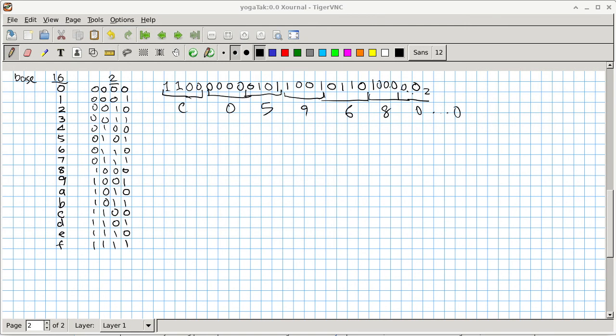All right, well, you cannot just say a bunch of zeros when you're specifying a constant in C or C++, right? We kind of have to figure out exactly how many zeros there are. So let's double check. Okay, so we have C0, 5, 9, 6, 8, and then the rest are all zeros.